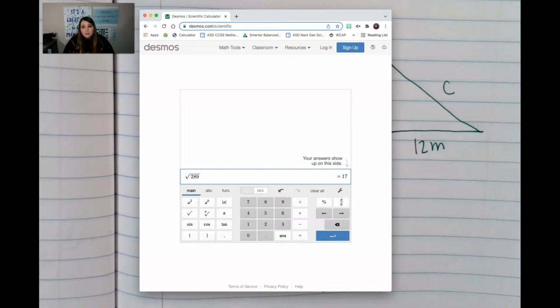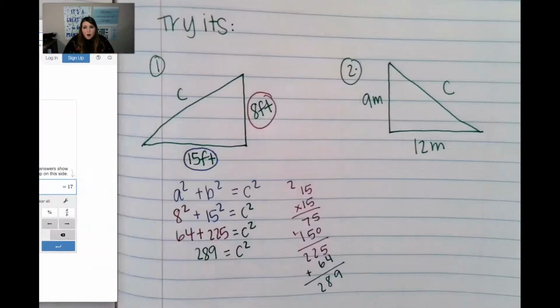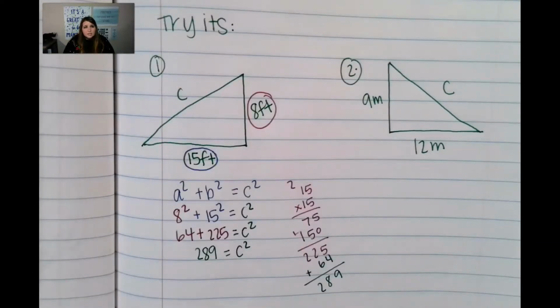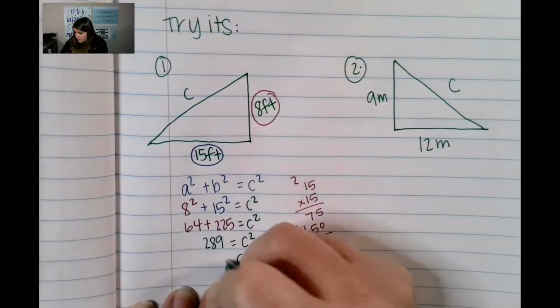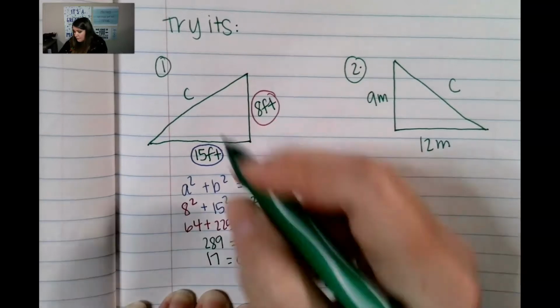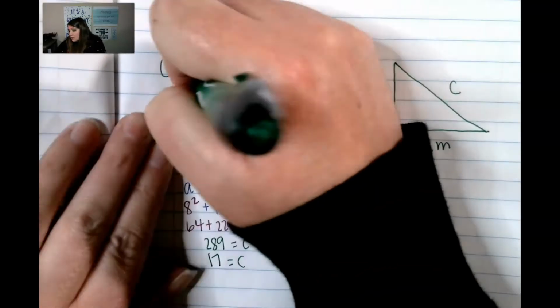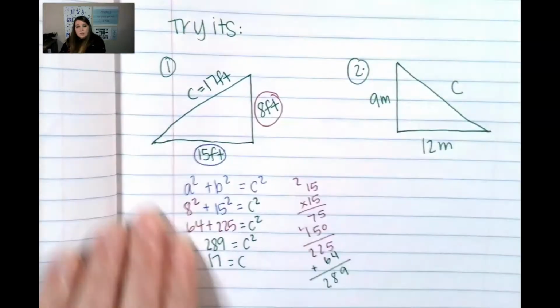So this calculator will help you find the square root of the answers you're looking for when your numbers start to get kind of big. That way you're not doing guess and check all the time. So our answer to letter C, the hypotenuse, is 17 feet. Okay, so C equals 17 feet.